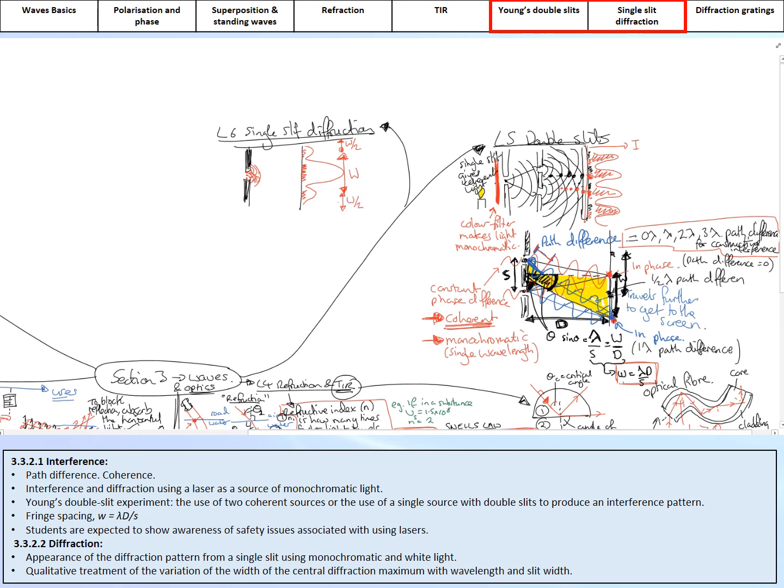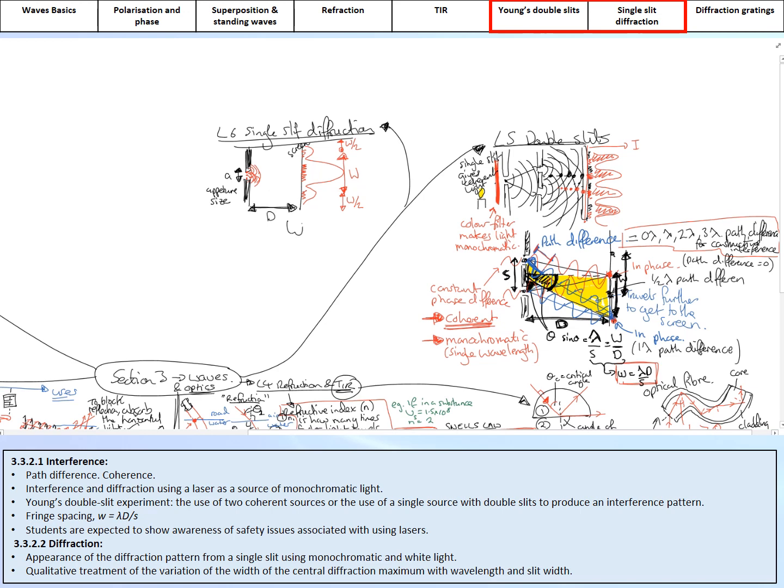There we go. And the formula for this, because the central one's twice as big, and because instead of slit separation S, we now have the aperture size A, we still have a slit to screen distance. So this is the screen here. That's still called D.